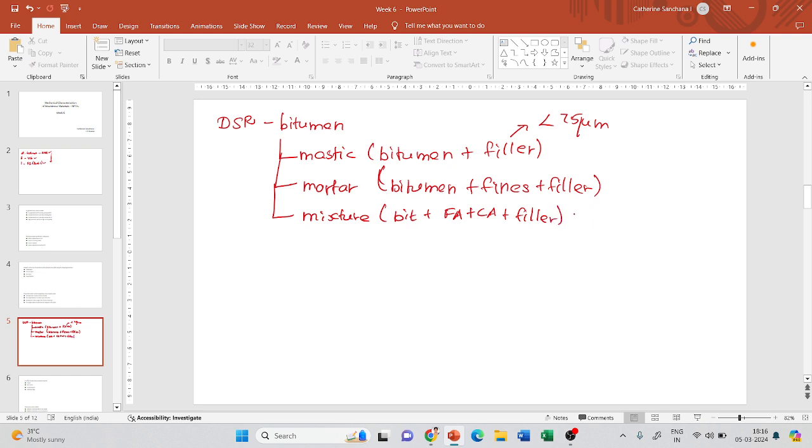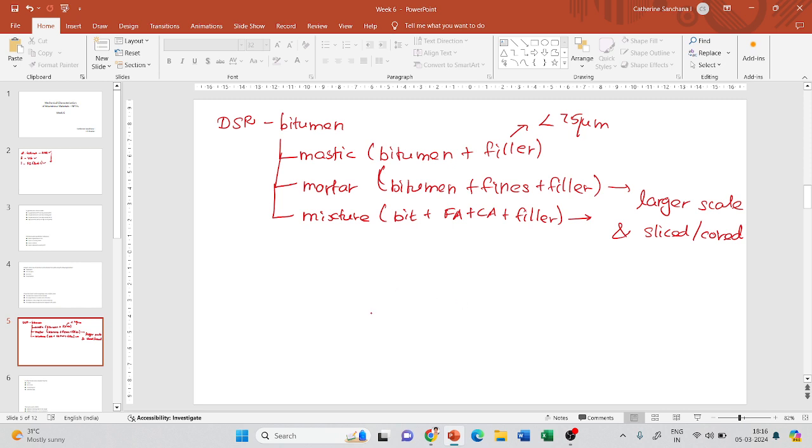So these will be prepared in a larger scale, and later sliced or cored to the required dimensions. Why is it like that? In a dynamic shear rheometer, you have seen a dynamic shear rheometer, right?